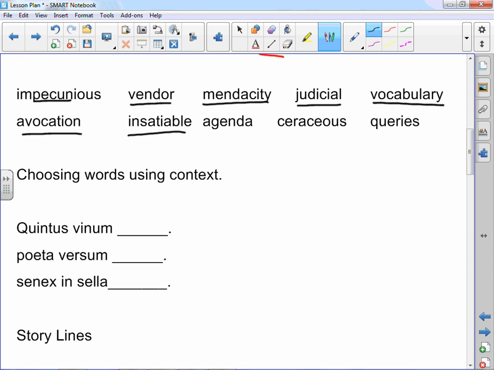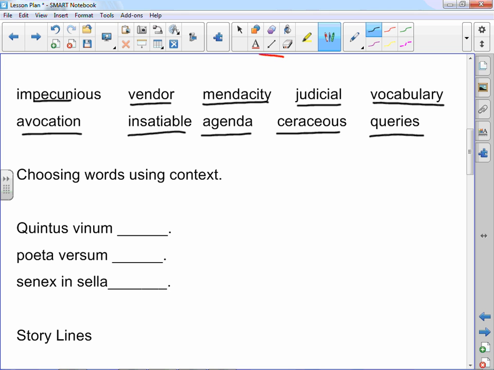An agenda comes from ago. Ago is to do, and agenda is a list of things that we're going to do. Ceraceous comes from, actually I don't know how to say that word, I believe it's ceraceous. Comes from cera, which is wax, so something that is ceraceous is waxy. And queries, coming from quaero, which is to ask, so queries would be questions.